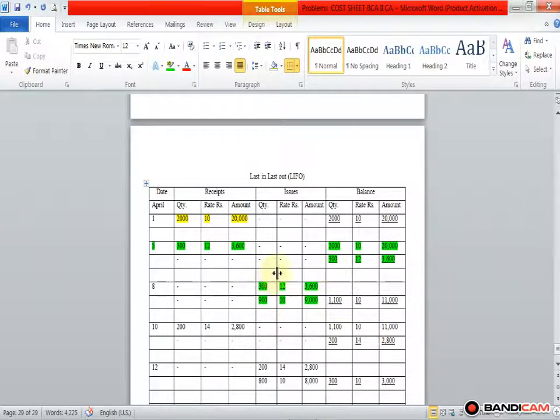Here 300 is all issued, so it is not taken into consideration for the balance. We issue the remaining quantity of material from the first lot, that is 900 is issued, so the remaining balance is 1100 at rupees 10 each on 8 April.